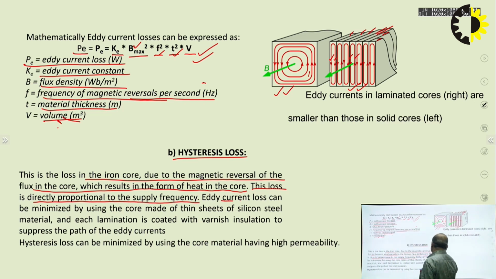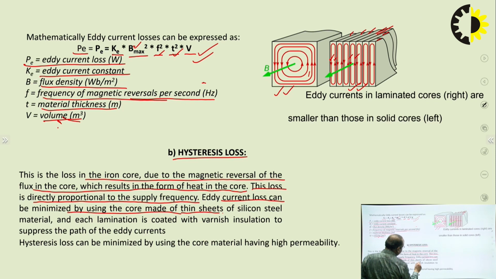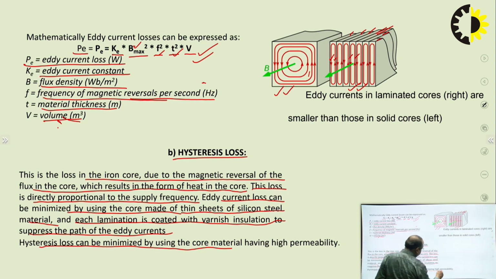Eddy current losses can be minimized by using a core made up of thin sheets of silicon steel material, and each lamination is coated with varnish insulation to suppress the path of eddy currents. Hysteresis losses can be minimized by using core material having high permeability.